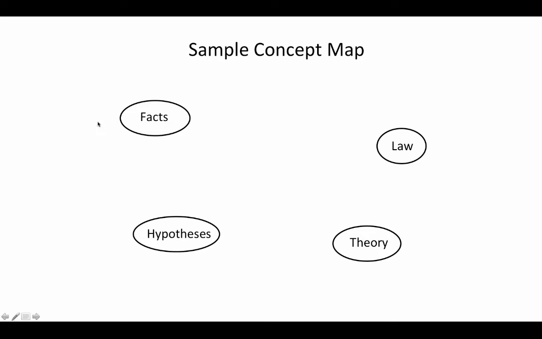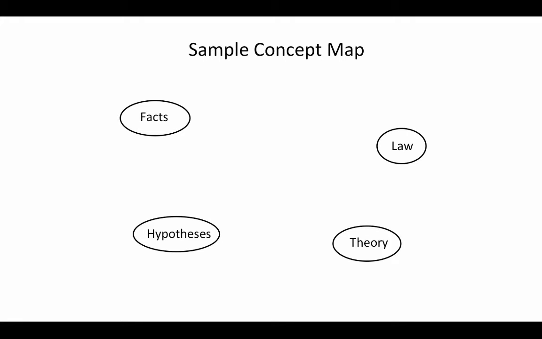Facts are direct observations, things that we can actually observe ourselves or measure in some way. These are the outcomes of experiments. These can be just observations that you make, things that you see with your own eyes or measure. Facts are not anything that happens to be true, right? Facts are a subset of things that are true, things that are directly observable or measurable.